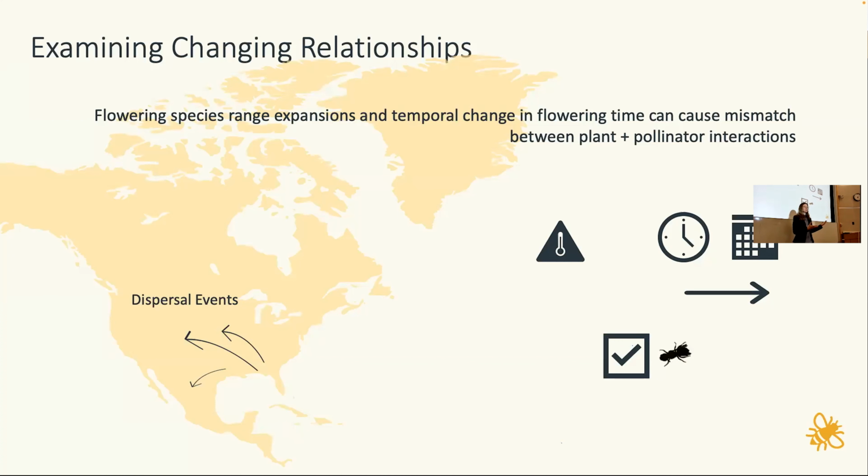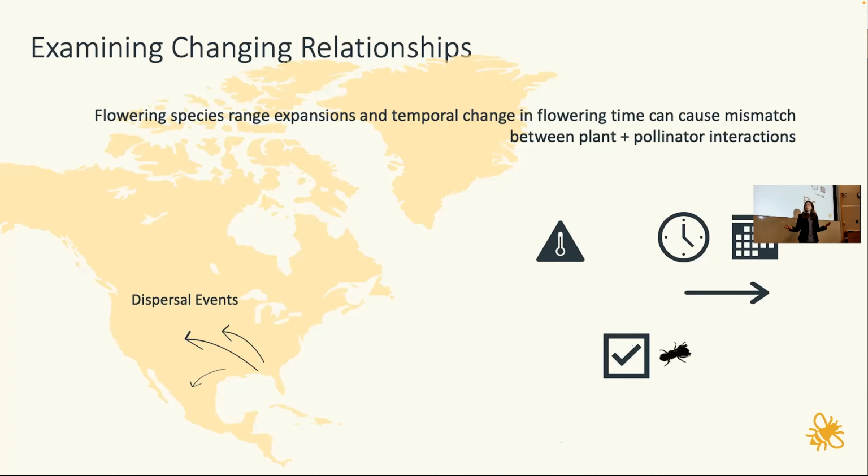So we have this relationship, but it has changed over time. There have been different pressures on the relationship between plants and pollinators in evolutionary history. One of these being dispersal events. As flowering plants shift their ranges, they may shift into habitats where they have either absent or unreliable pollinators, and this can change their reproductive strategy.